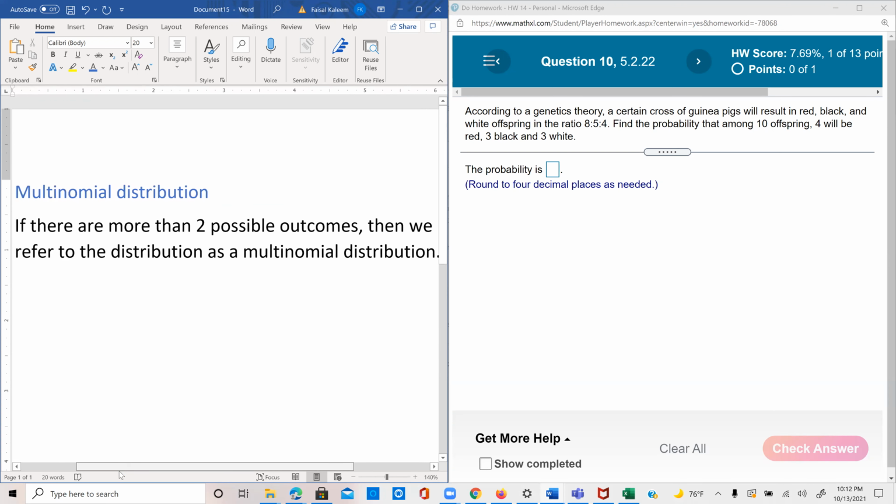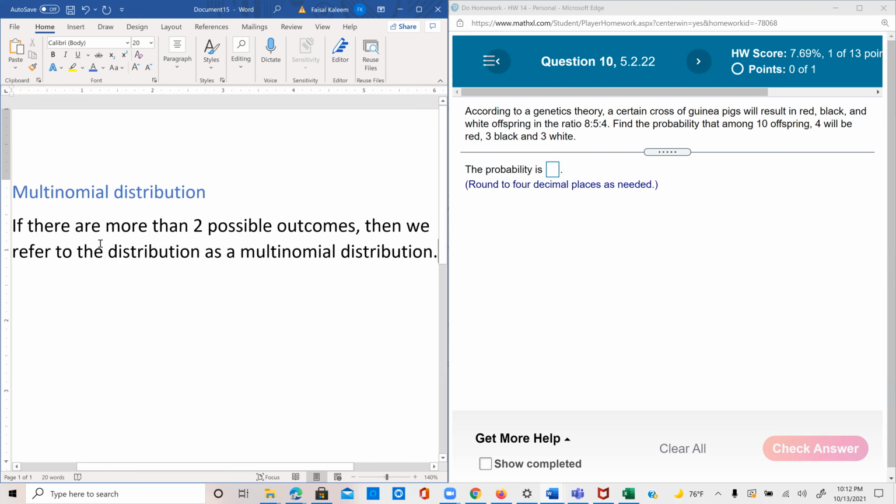And we're assuming that the other conditions of the binomial distribution are still holding: the trials are independent, and the probability of each outcome is the same in every trial.